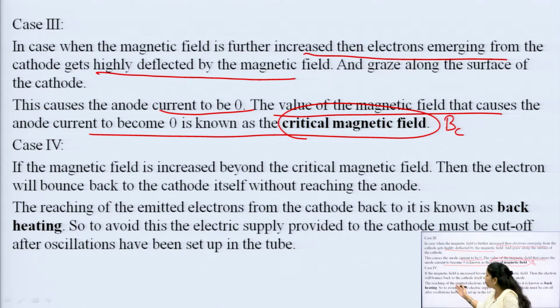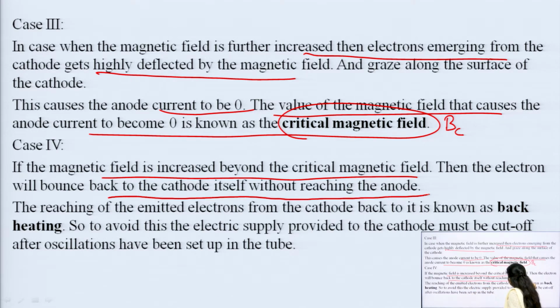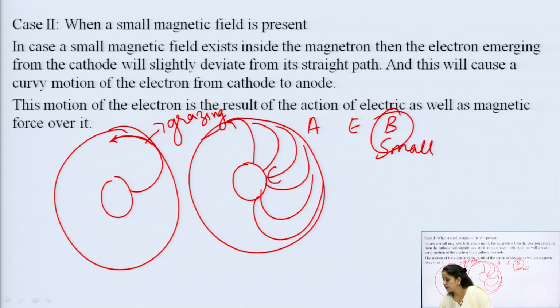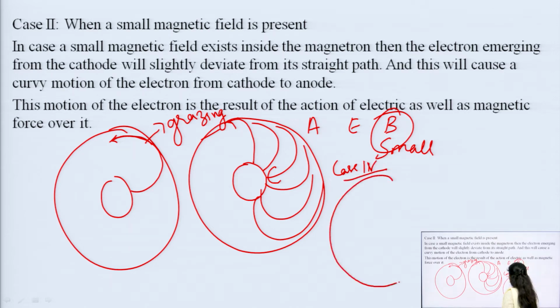Now, the fourth case: if the magnetic field value is increased beyond the critical magnetic field, the electron will bounce back to the cathode itself without reaching the anode. So, we will have case 4 here, with the anode and the cathode.